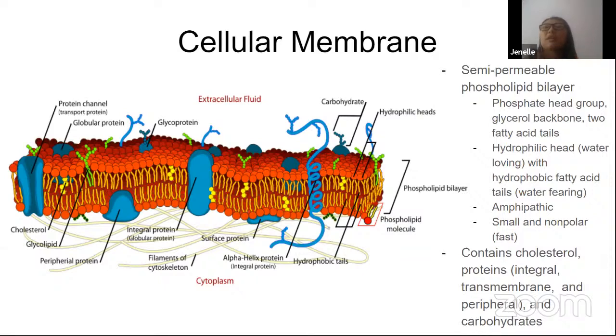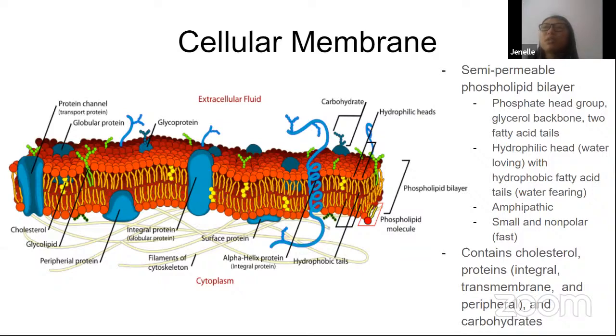On the other hand, in really hot environments, things usually become very fluid, like an ice cube melting and going everywhere. In that case, cholesterol allows the cellular membrane to be a little more stable and not as fluid as you would expect in a hot temperature.